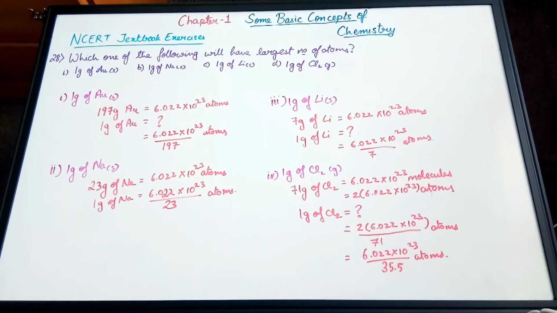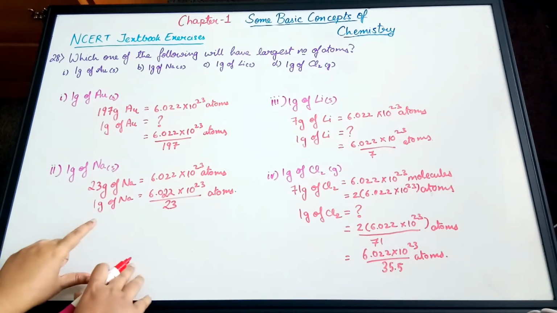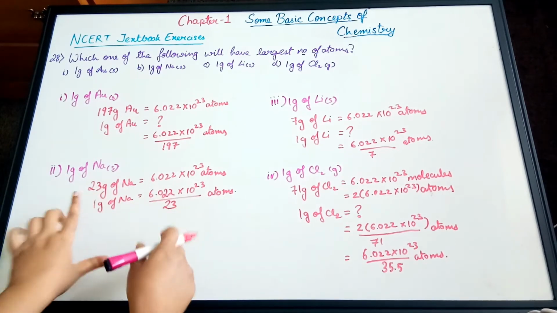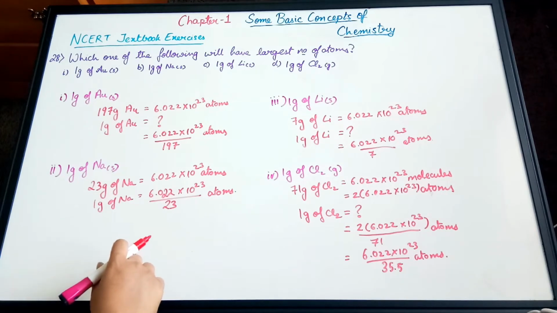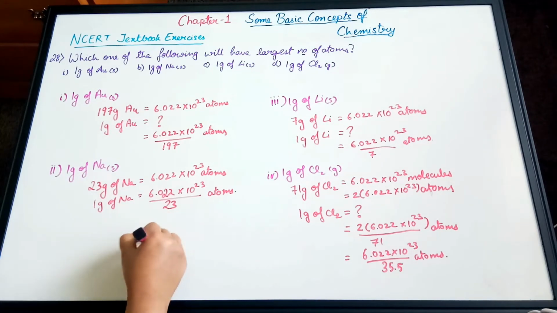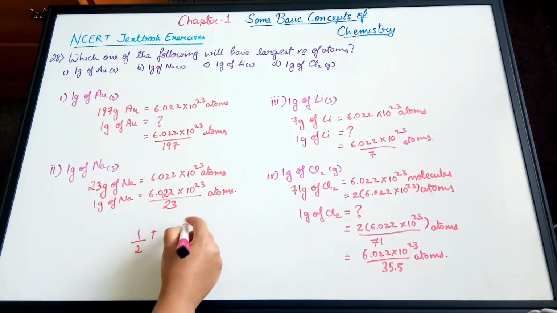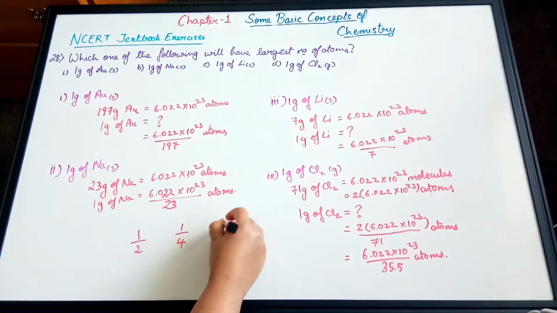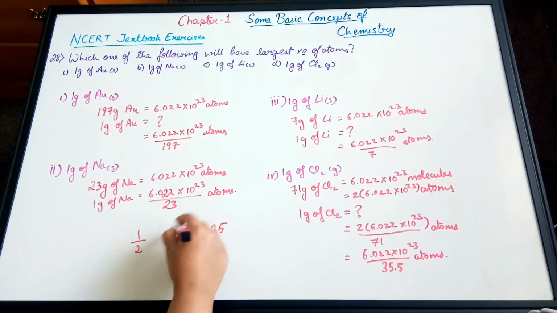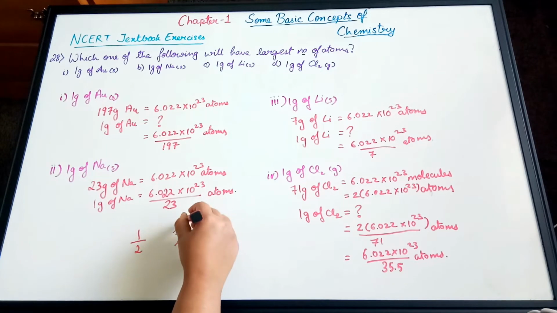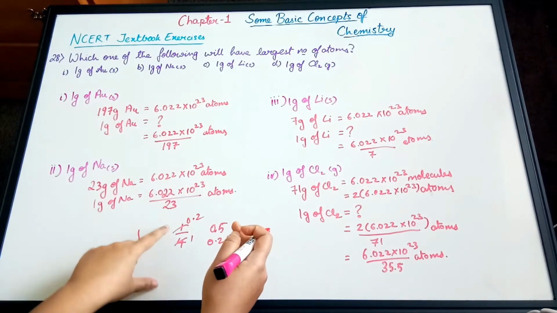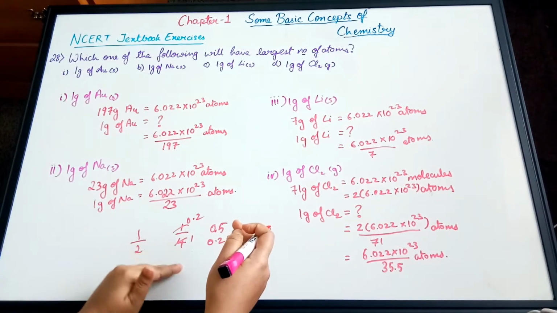First of all, the numerators are the same in all the 4 cases, so we need to consider the denominator. In simple terms, 1 by 2 is higher than 1 by 4, because 1 by 2 is 0.5 and 1 by 4 is 0.25. The higher the denominator, the lower the value of the fraction.